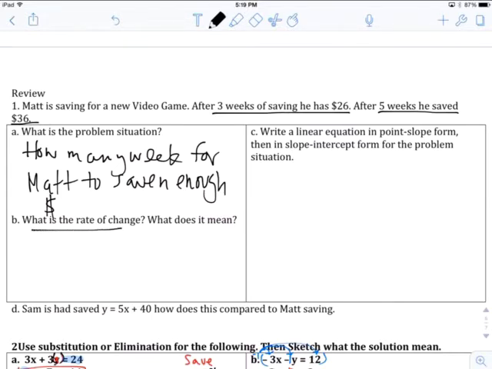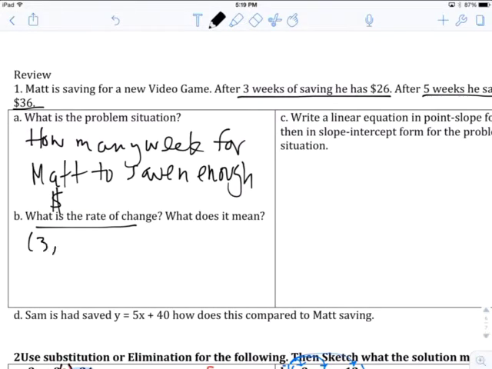What is the rate of change and what does it mean? We got 3 weeks, time is always X, for $26, 5 weeks for $36. So Y2 minus Y1 over X2 minus X1.